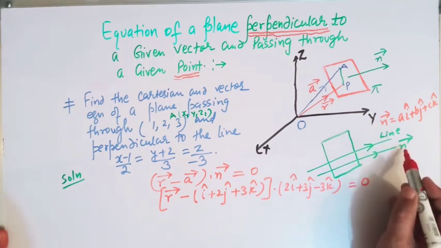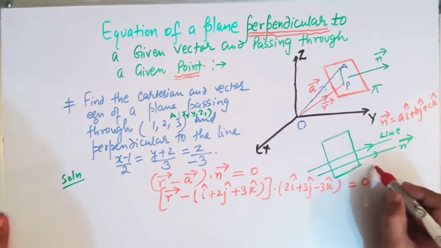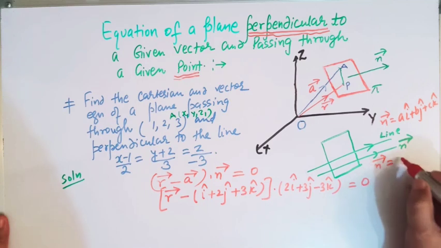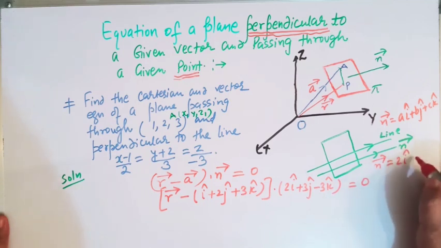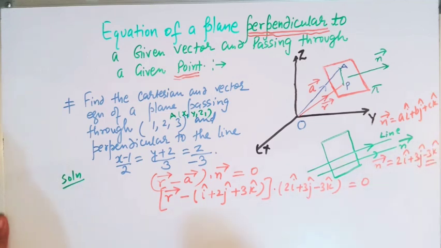Therefore the vector n can be expressed as 2i cap plus 3j cap and minus 3k cap, right? And that's why we have substituted the value of vector n as this vector. Clear? So this is the vector equation of this plane.